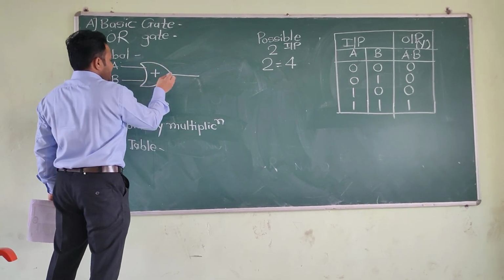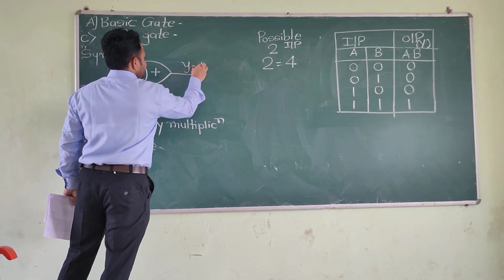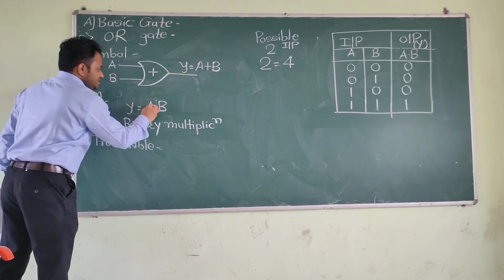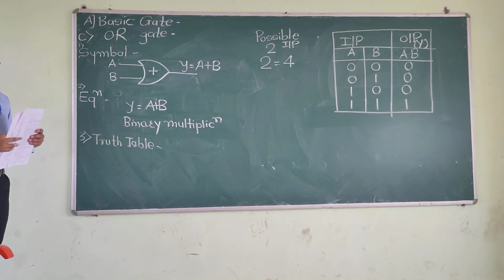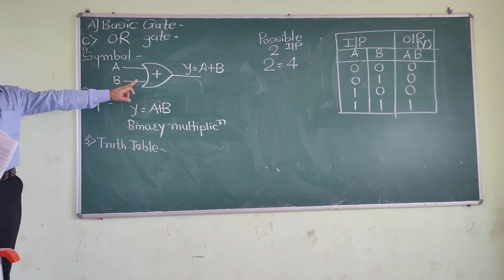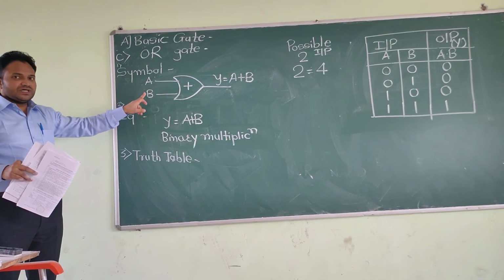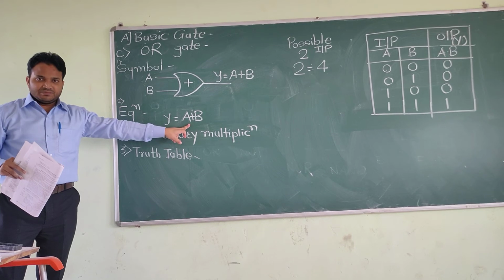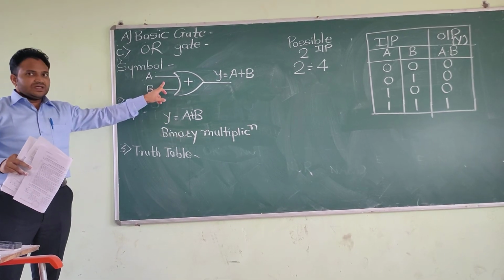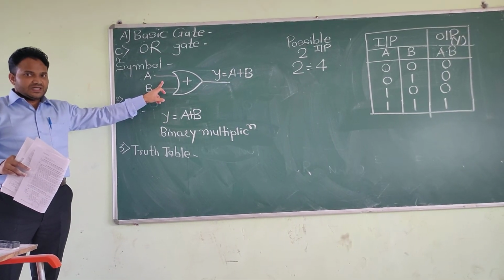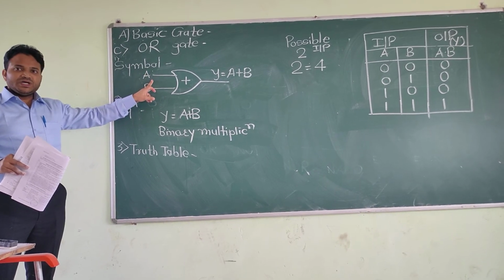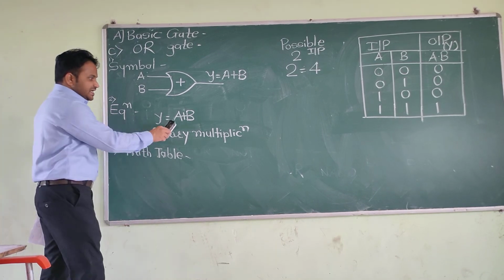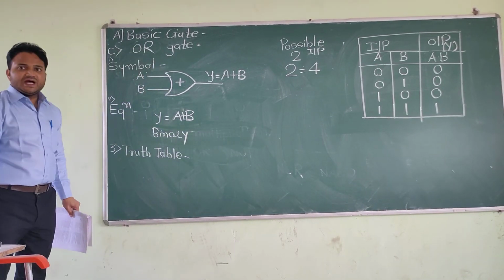This is the OR gate and this is the output, that is equal to A plus B. So this is the equation, A plus B. In OR, the output is nothing but the addition of the given inputs. So its output will be A plus B. It can also have n inputs. It is not mandatory that it must have only 2 inputs. So we can write its output is nothing but the binary addition.